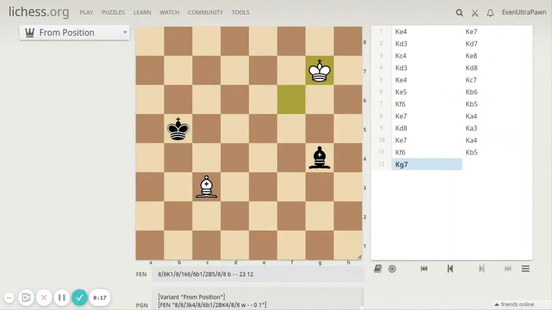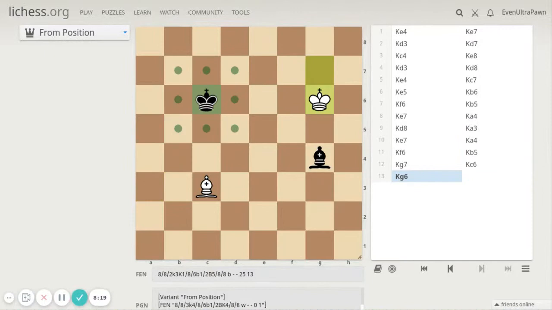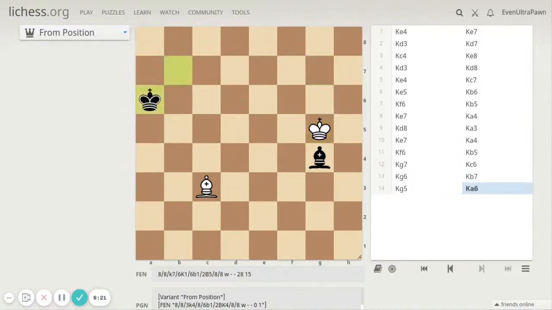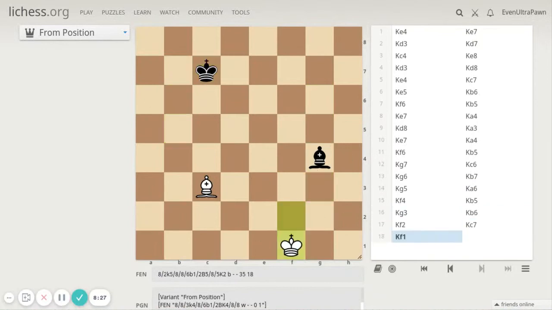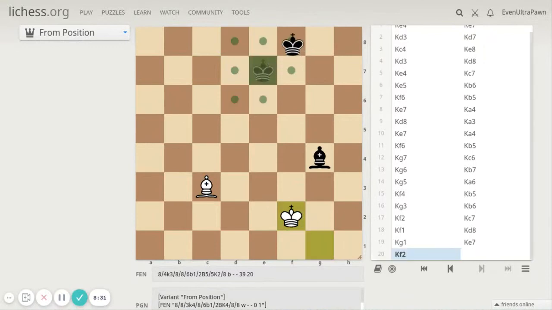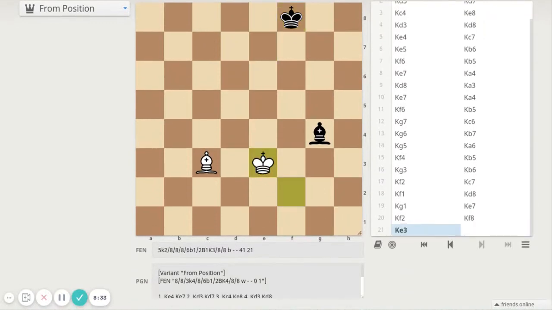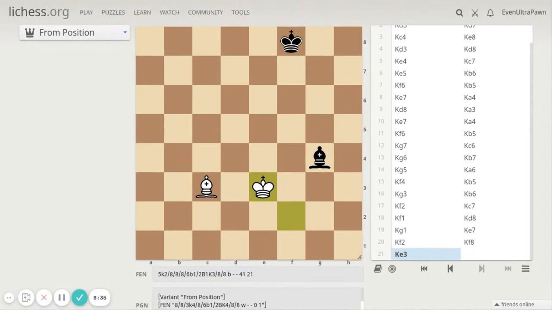Okay, got a few moves down. Whew. Got 21 and 20 and a half moves. It's going to take a long time.